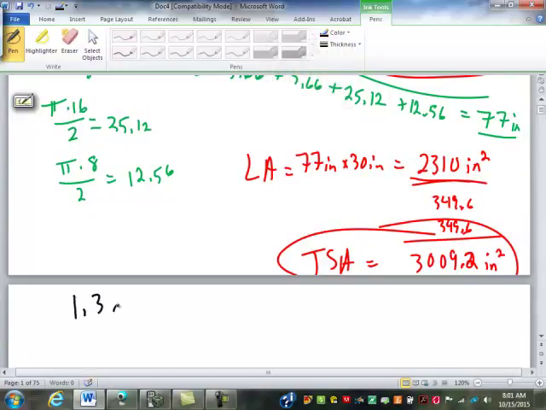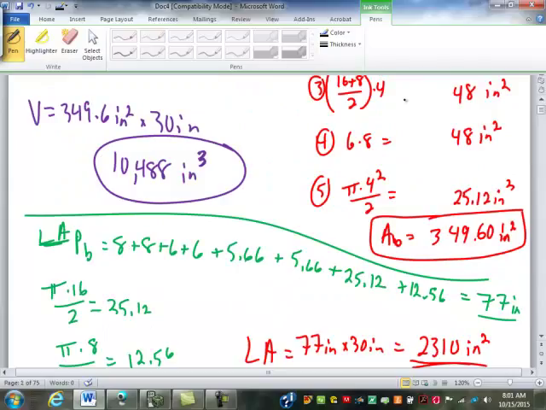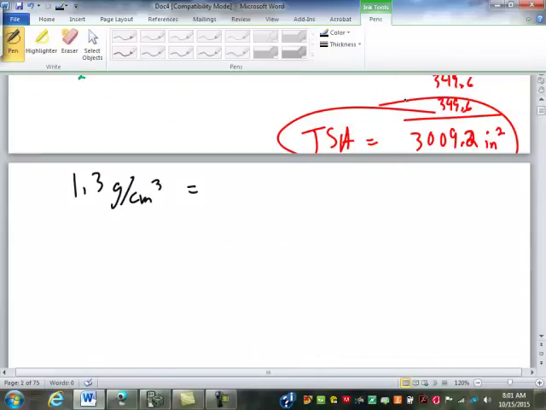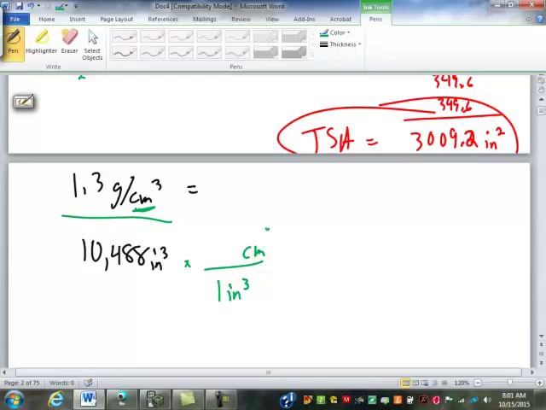So now 1.3 grams per cubic centimeter density and 10,488 cubic inches. But in order to use this density, we have to change it into cubic centimeters. 1 inch cubed is how many centimeters cubed?